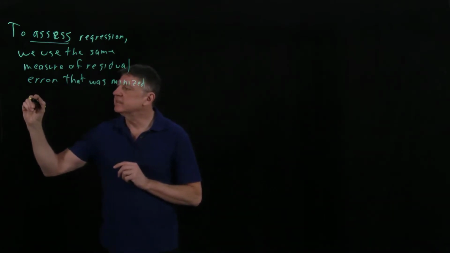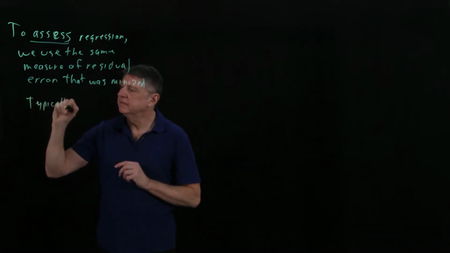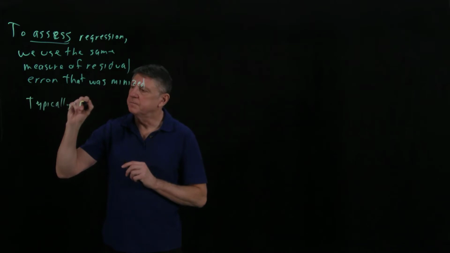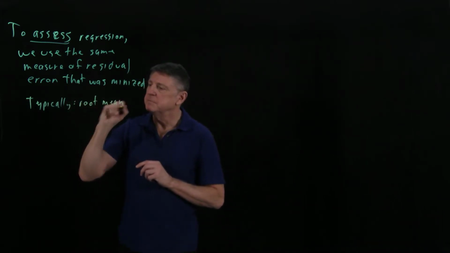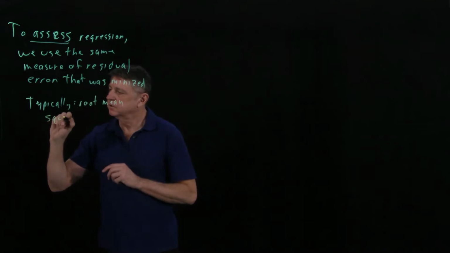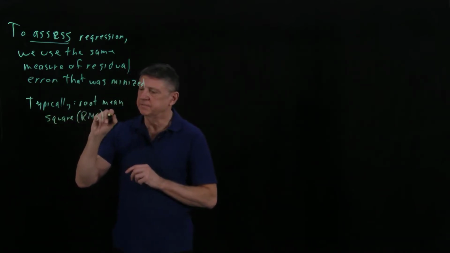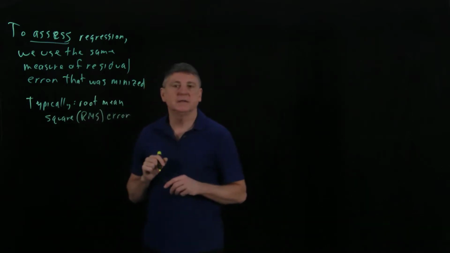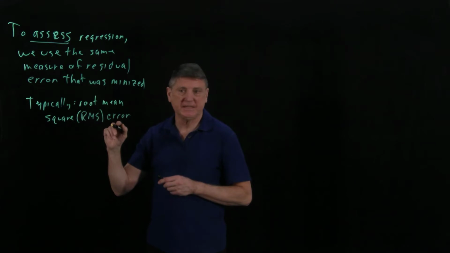And this is typically called the root mean square, or RMS error. And in some contexts it's sometimes written as RMSE.